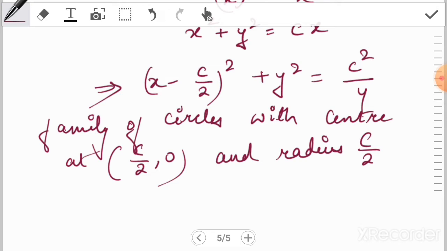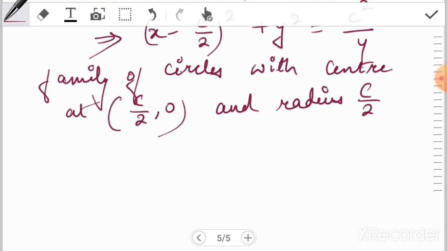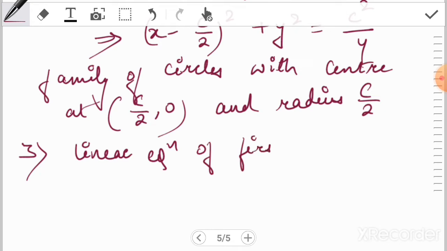Okay, next is linear equations of first order, right?